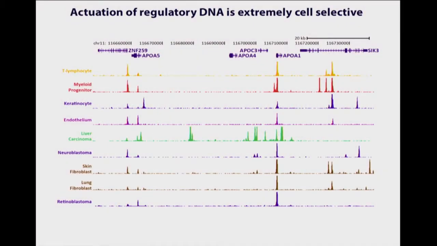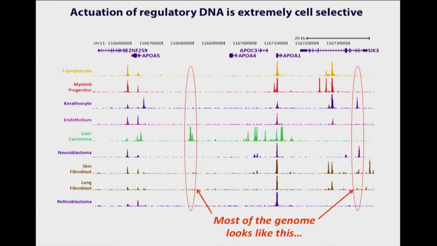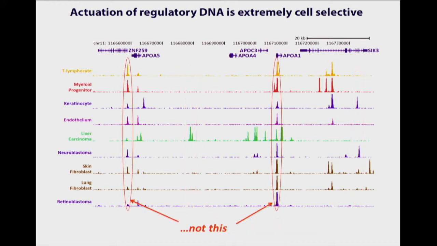Back to this image I showed you earlier, most of the genome looks like this, with this kind of behavior, and not like this, which is the kind of thing you see around promoters. And so, by and large, these distal elements are highly selective.